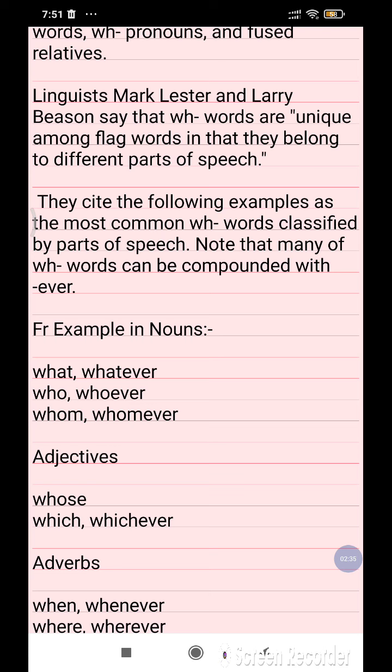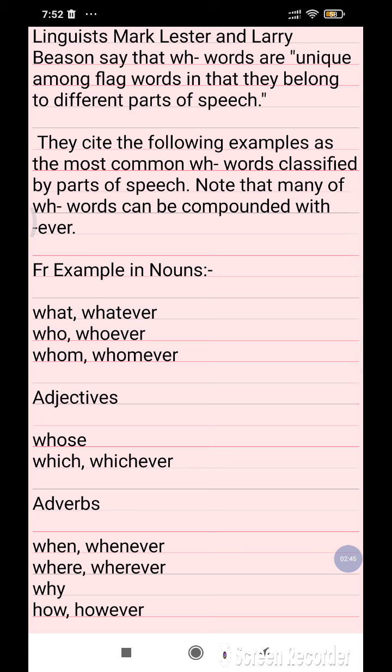According to them, WH words are unique in that they belong to different parts of speech. They cite the following examples as the most common WH words classified by parts of speech.